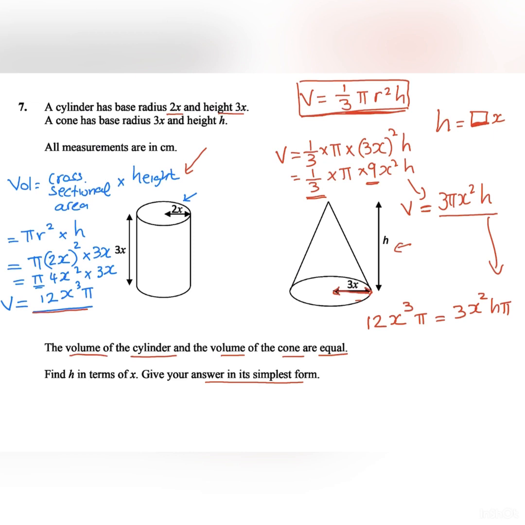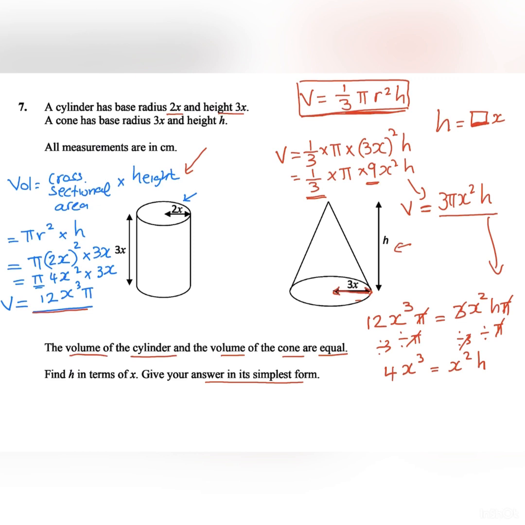I just wanted to show that if we divide both sides by pi, we should be able to cancel this out. Okay, and we can further divide both sides by 3. This 3 should cancel out, and we're left with 4x cubed on this side, and x squared h on this side.